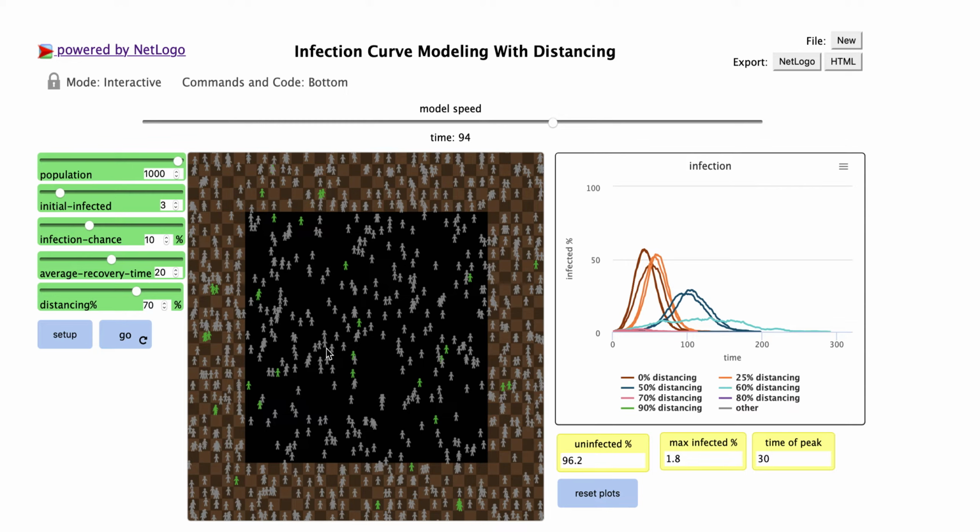So hopefully this model helps you understand the situation we're in, how flattening the curve happens, and also helps you understand why some politicians and leaders are making the tough decisions they are to do things like shelter in place or lockdown.